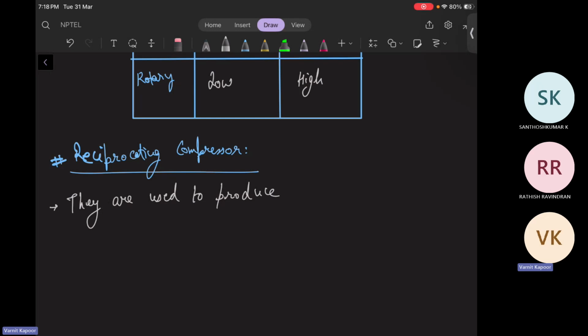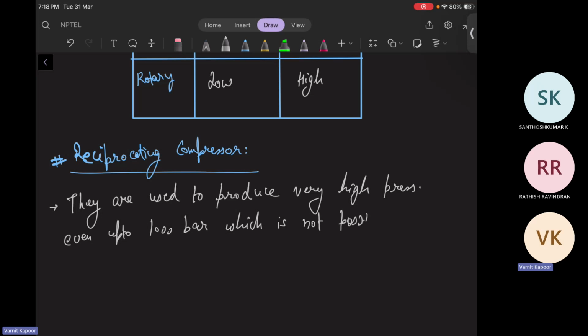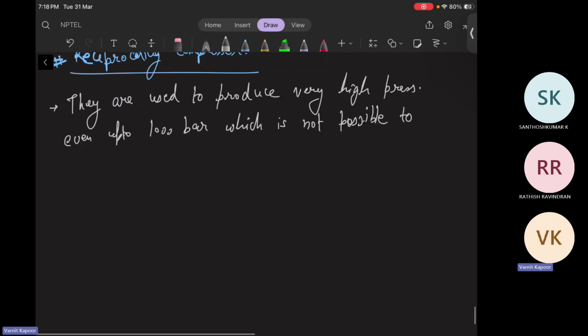They are used to produce very high pressure, even up to 1000 bars, which is not possible to obtain with the help of rotary compressor.